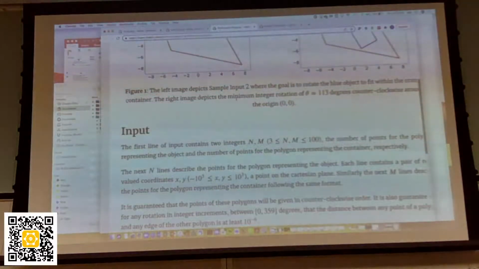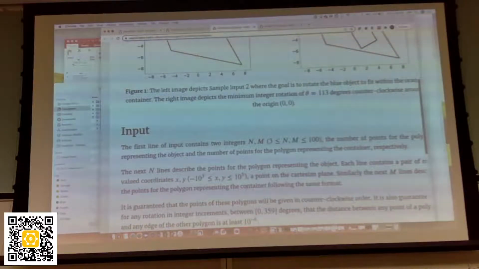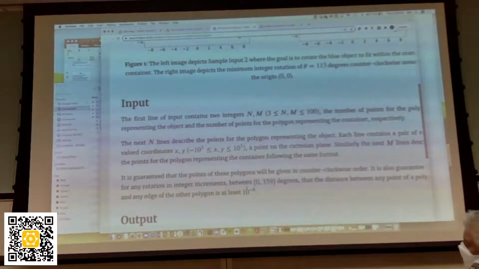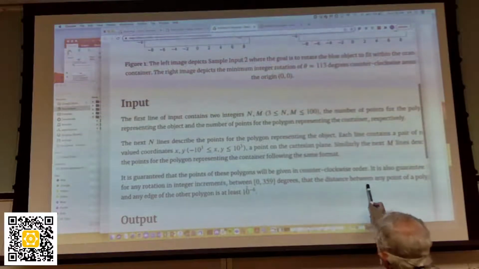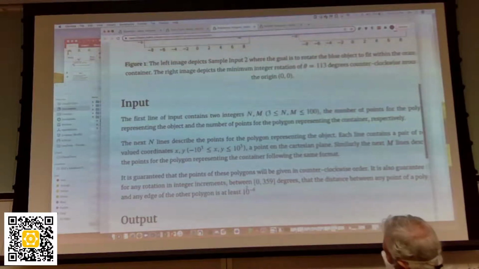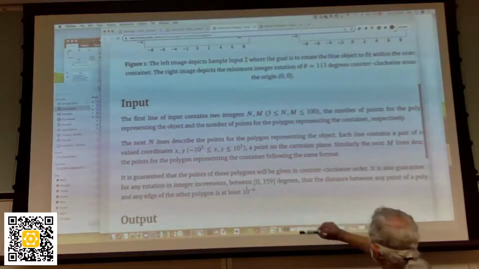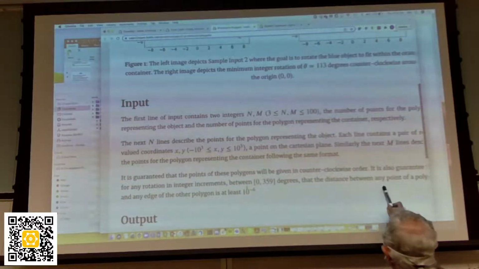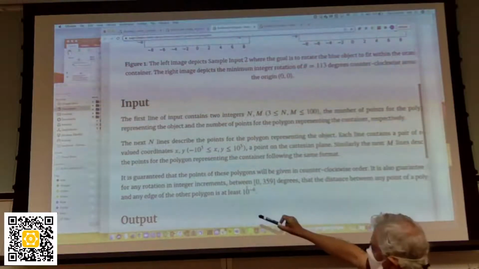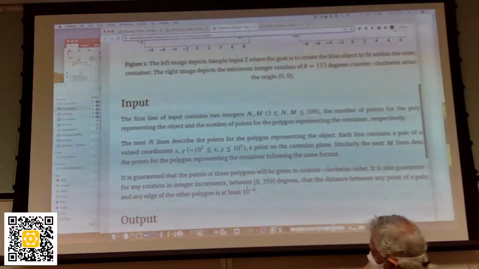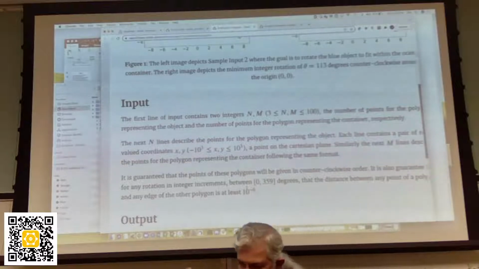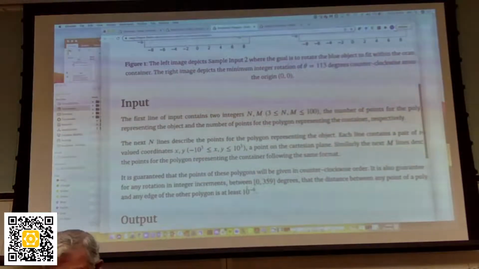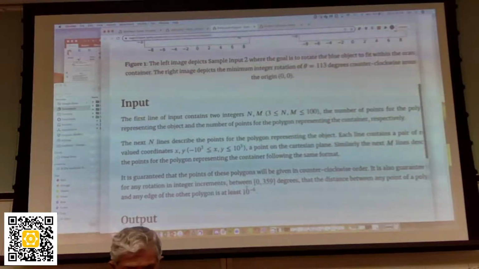Thank you. And then you're told that your job is to find, what do you have to report? You have to report an angle such that the distance between any point of a polygon and any edge of the other is at least 10 to the minus 6. So you want some clearance when you fit the other box inside the first box, right?